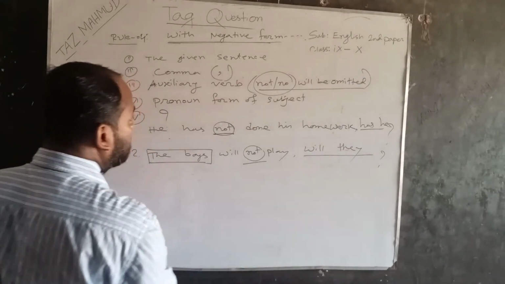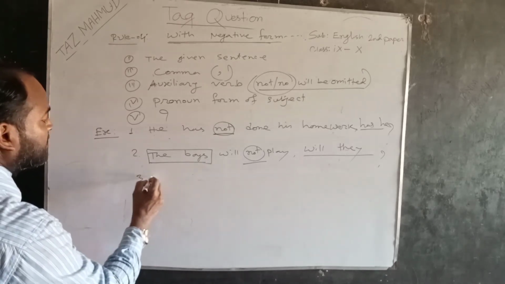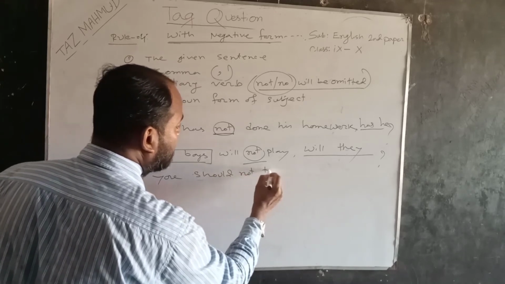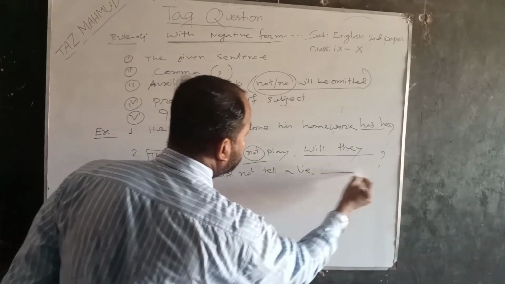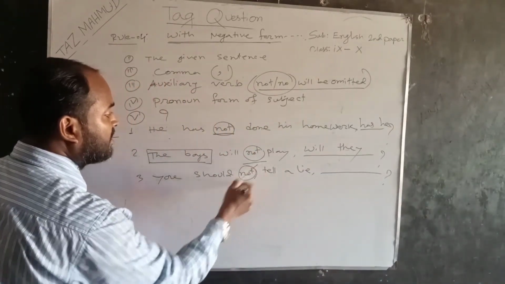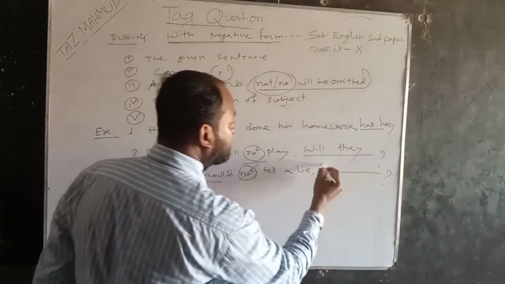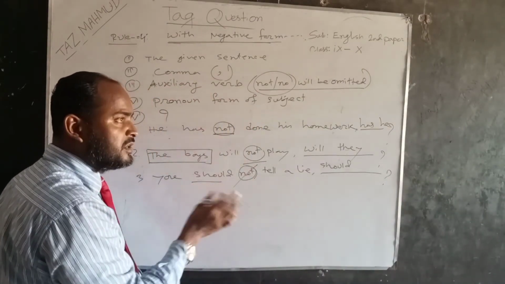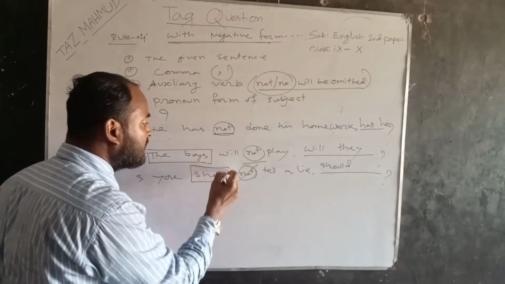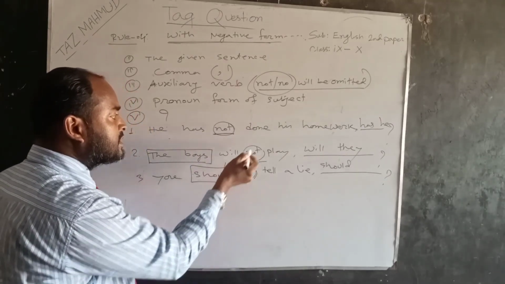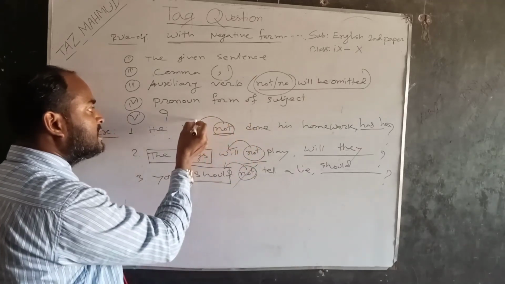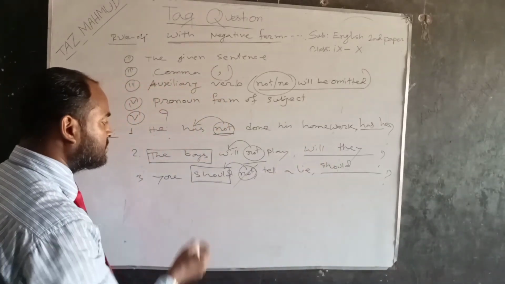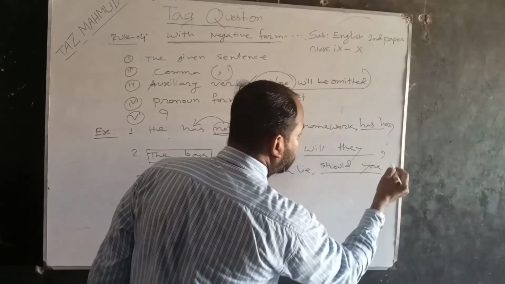My dear learners, if any one subject, you should not tell a lie. This is also the same. No or not will be omitted. Then we write the auxiliary verb should. You will find the auxiliary verb before no or not. Should, we write the auxiliary verb should, then the pronoun form you.